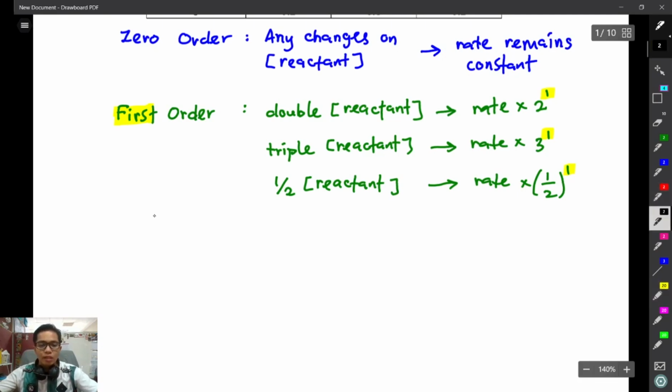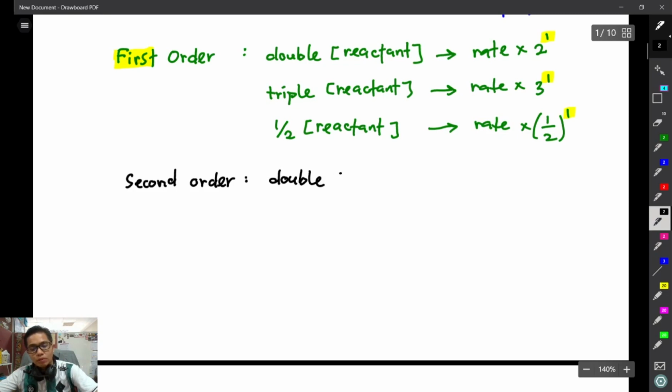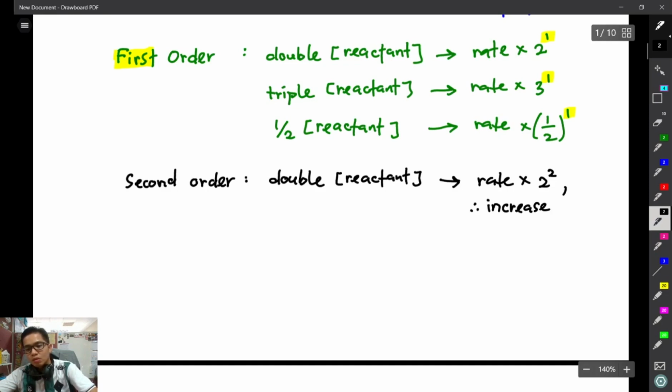And then lastly, characteristic for second order. So first, let's double the concentration. So when we double the concentration of reactant, rate will be 2 power of 2, meaning increase four times.